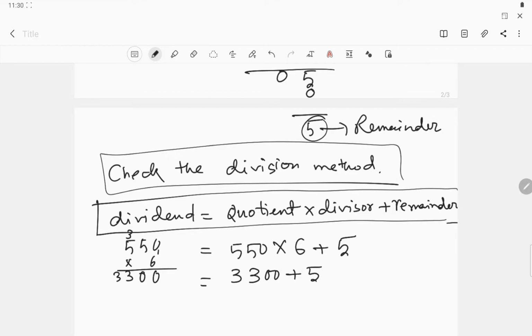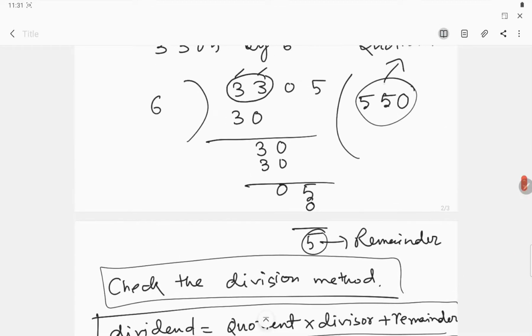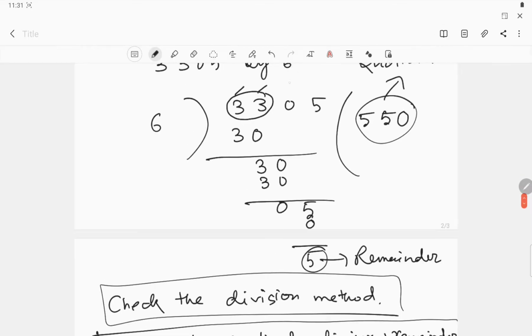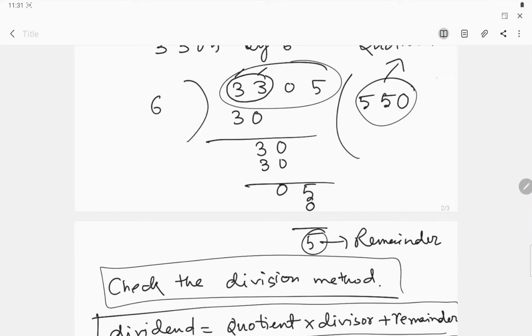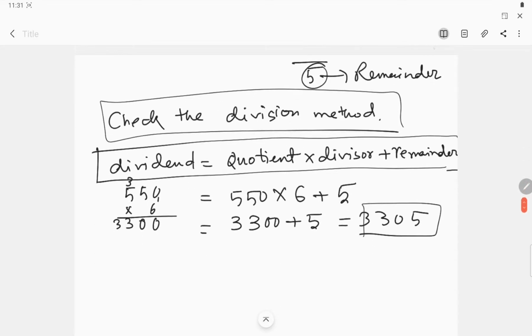Now add 5, you will get 3305. Yes, this was my dividend. So our division was right. This is the way to check the division: dividend equals quotient into divisor plus remainder. Clear? You have to learn this and remember it every time.